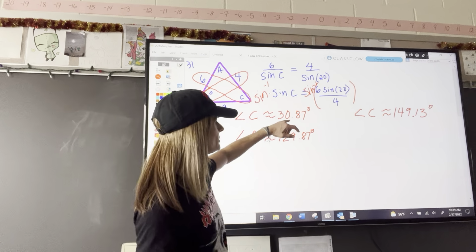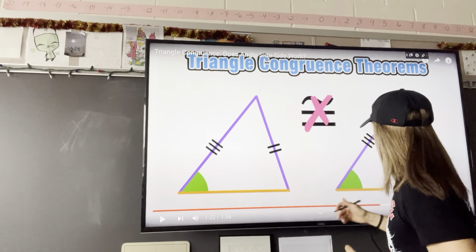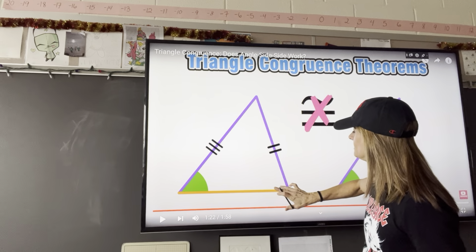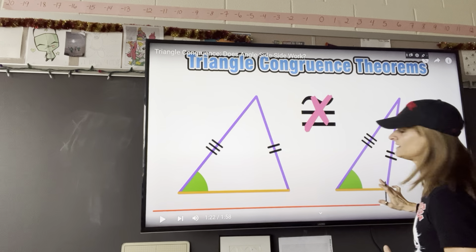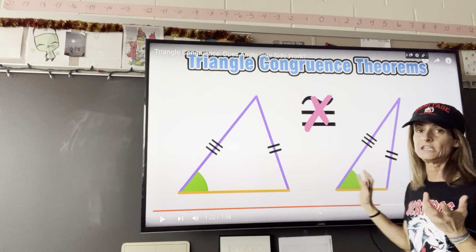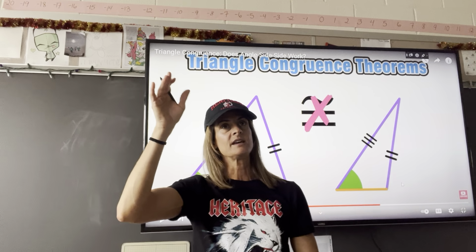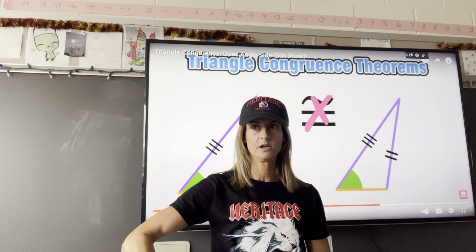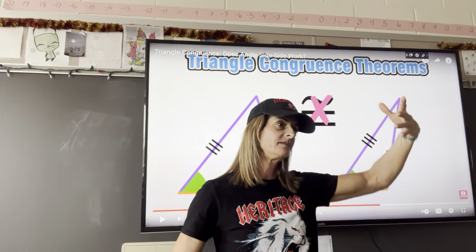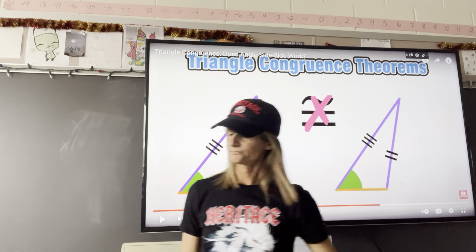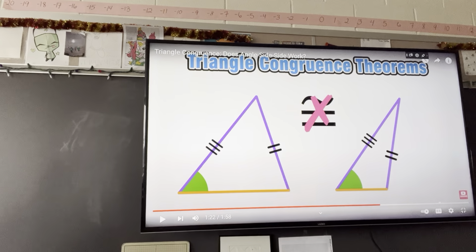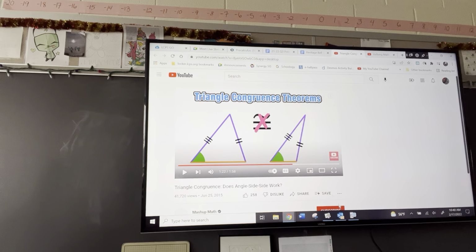So we found one of them, so now we just try the supplement to see if it also makes a triangle. If the supplement does potentially make another triangle, then we have to solve each of the triangles and say, if angle C is this, then these are all the rest of the values that are unknown. If angle C is this, then these are all the other unknowns. But now it's just like the other problems we did.